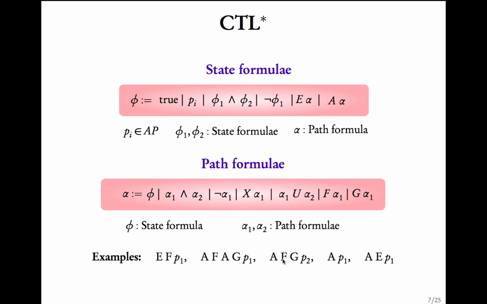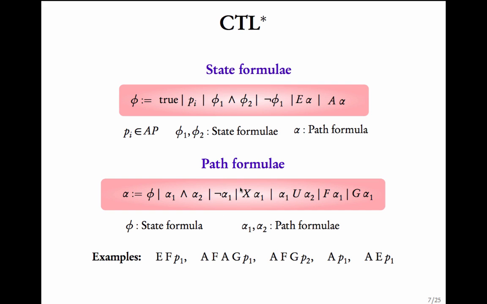From some point of time, GP2 is true, and this is true over all paths. So A of alpha, where alpha is a path formula, FGP2. How can you form FGP2? F of alpha 1, where alpha 1 could again be G of something, and finally this something is a state formula where you have P2. So AFGP2 can be derived using these rules.